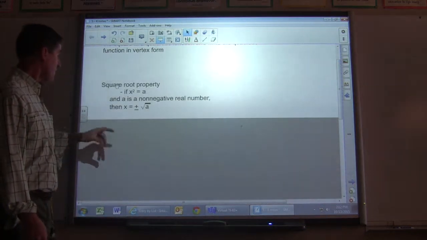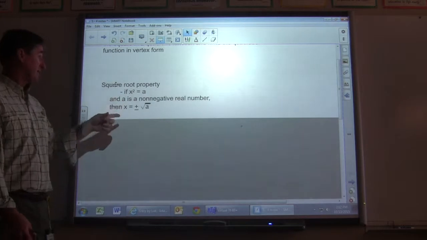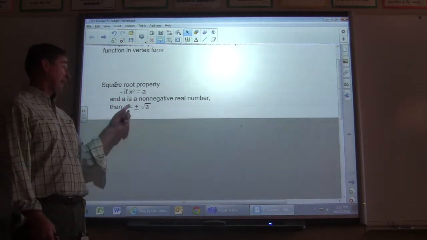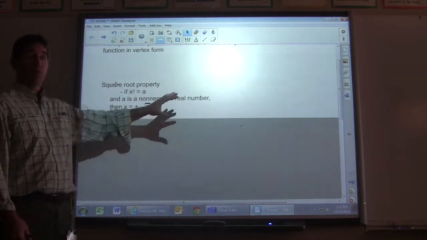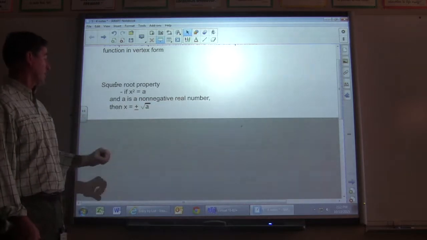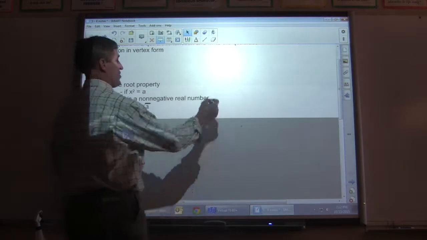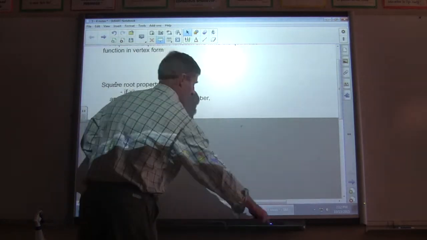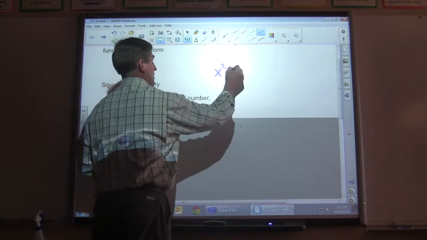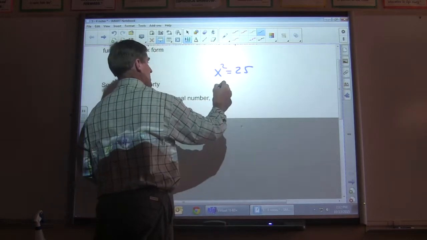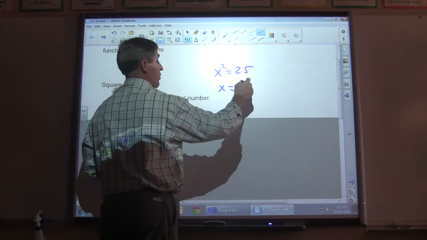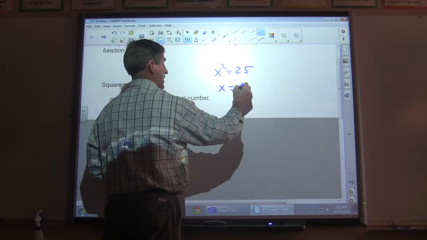So the square root property says if x squared equals a, and a is a non-negative real number, we won't deal with negatives yet, we'll get to that later, then x equals plus or minus the square root of a. So things you would know, if x squared equals 25, we know that x equals 5, or it could also be a negative 5.